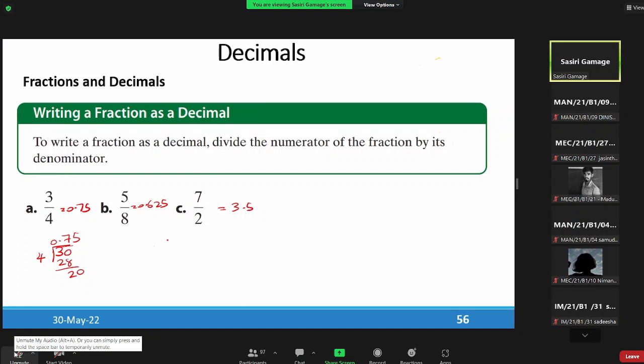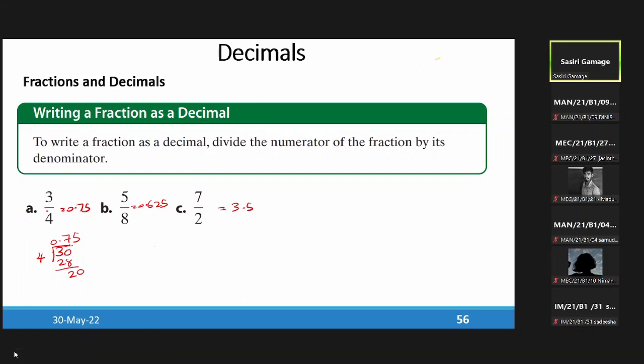Okay, like this, we can convert these fractions to decimals as well. We know this fraction bar means it's like a division. This 3 over 4 is equal to A divided by B.